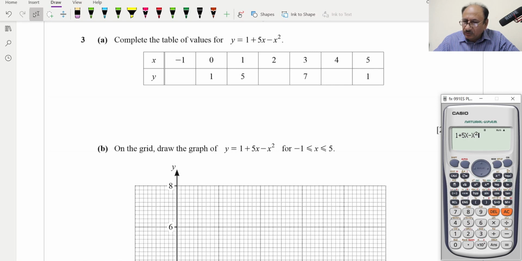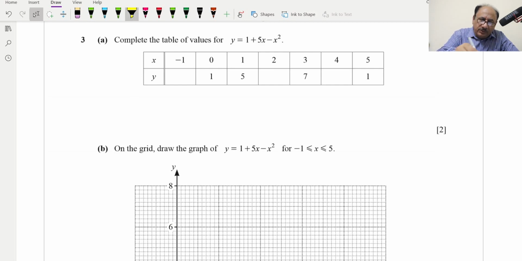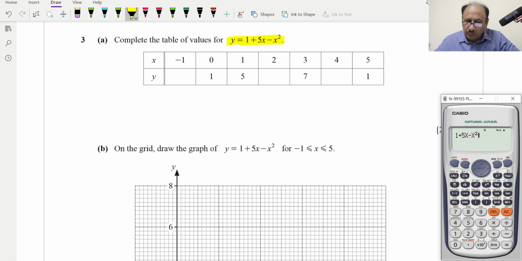So I have copied this equation into this calculator, and now we can use this calculate button.